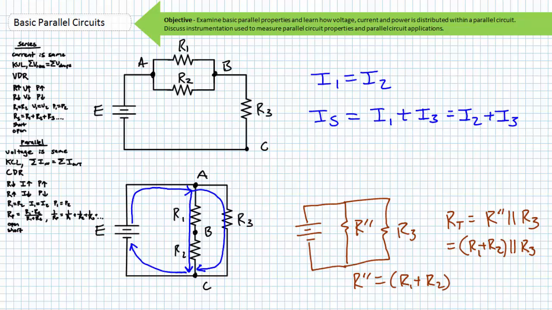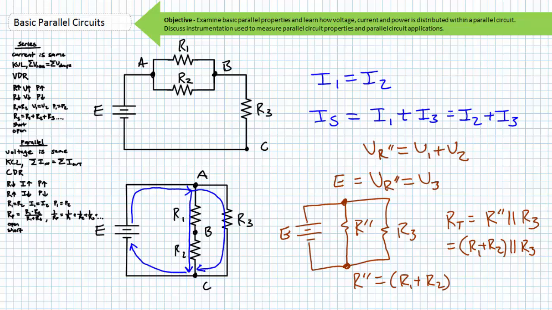Using our two resistor simplification, we're clearly left with a purely parallel circuit, where the voltage drop across R double prime is equal to that of the voltage drop across R3. And since the source E is hooked to these same two nodes, E equals V R double prime, which equals V3.